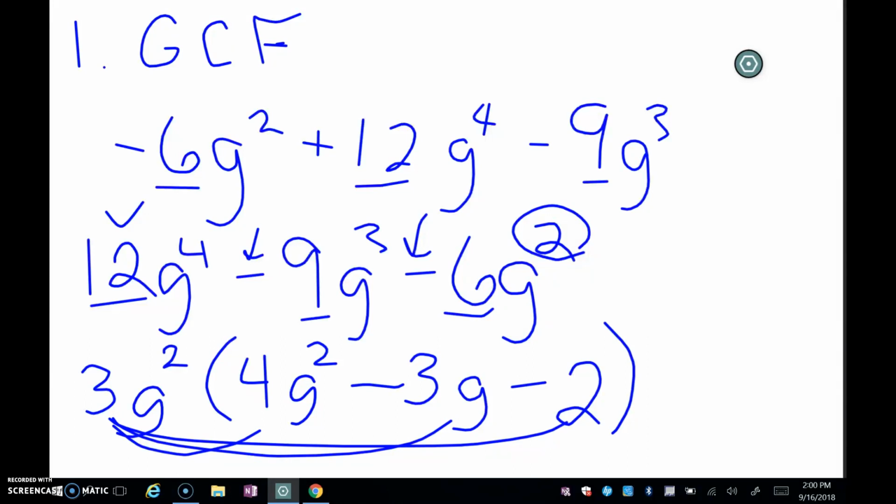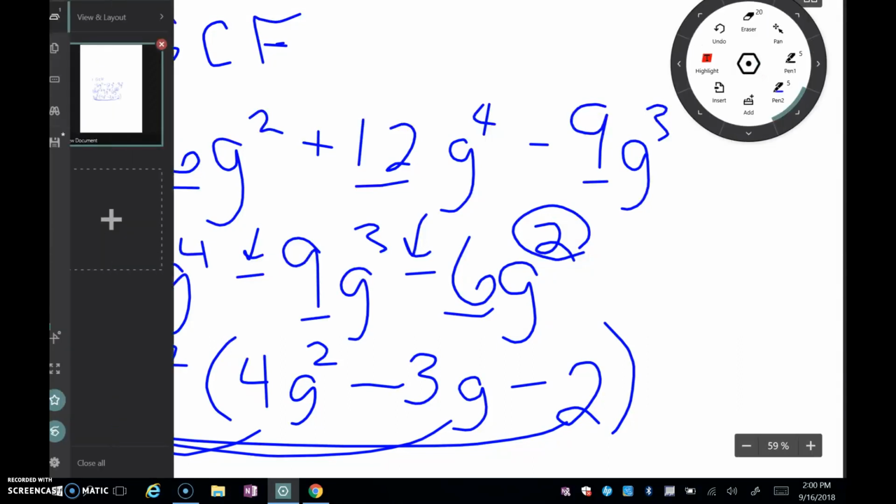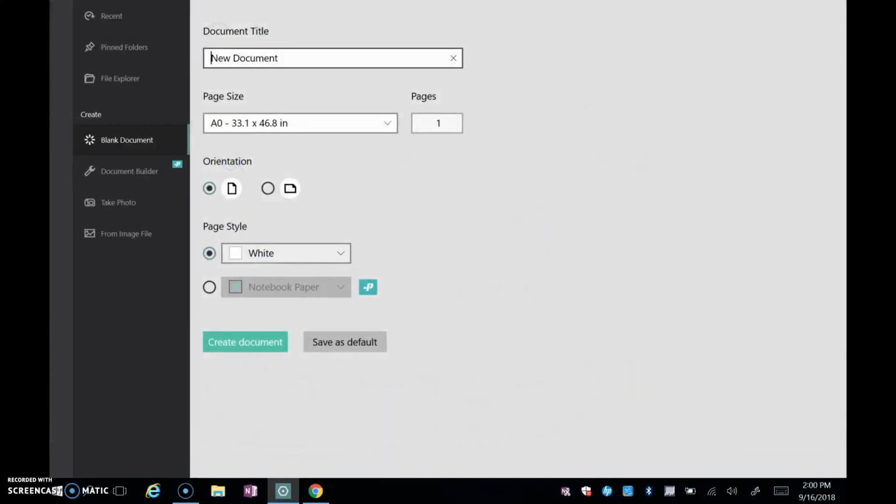Let me try another one. Okay, my second example is this one.